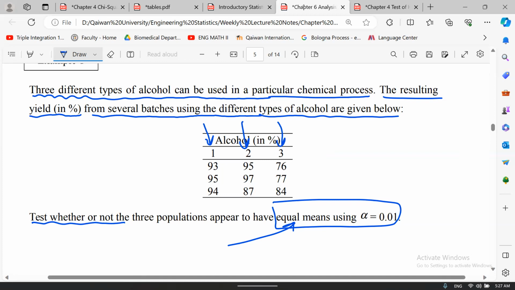That's H1. H0 is given. H1 is something different from H0, from the null hypothesis. So now it's important to write down the hypothesis. You must always write down hypotheses during exams. In solving questions, you must write down the null hypothesis and alternative hypothesis.